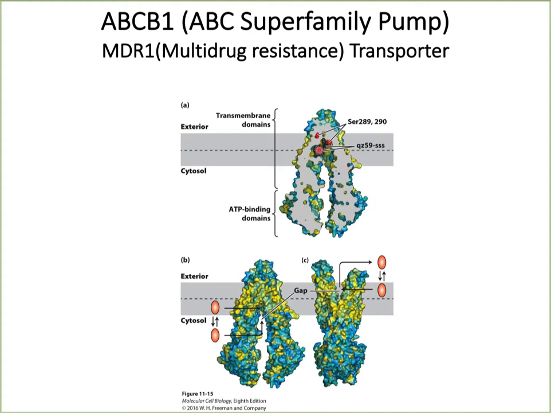The important points about the ABCB1 transporter are that serines 289-290 affect the ligand specificity of the transporter. As we mentioned, it is a multi-drug transporter. Many different hydrophobic and hydrophilic molecules can bind in the pocket.